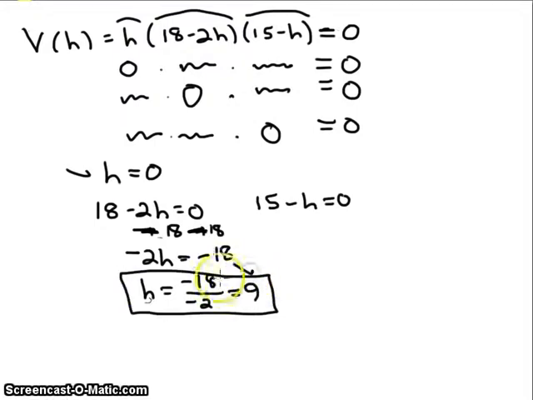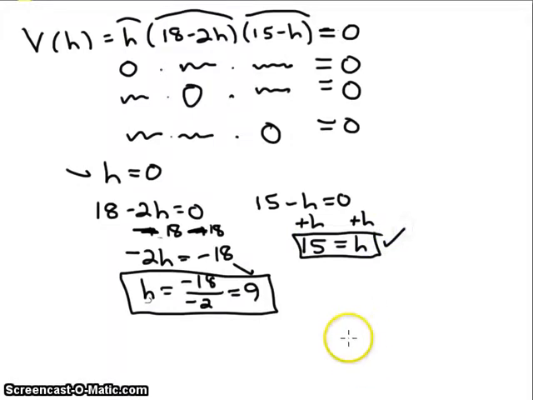That was our other number that we had found. And the last one is h equals 15, if you remember the graph. So we'll solve this one here. Maybe add h to both sides. We get 15 on this side, h on this side, and sure enough, there's our h equals 15.